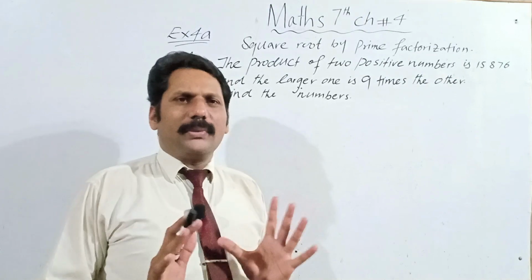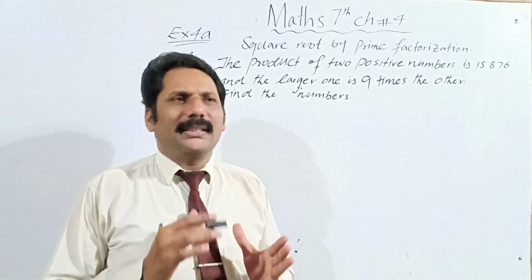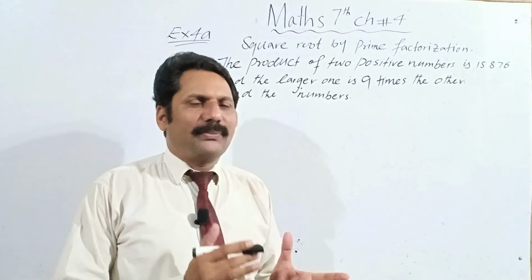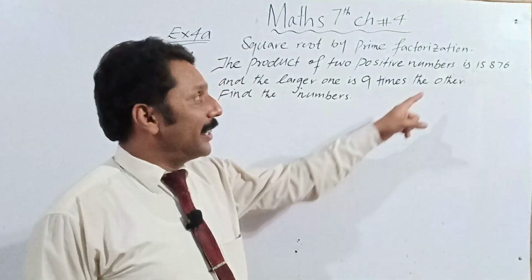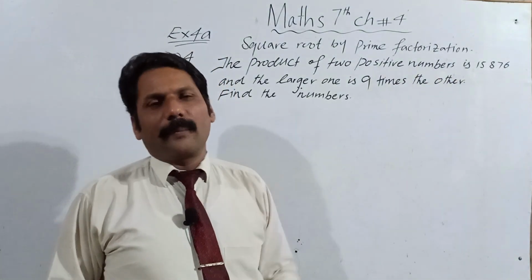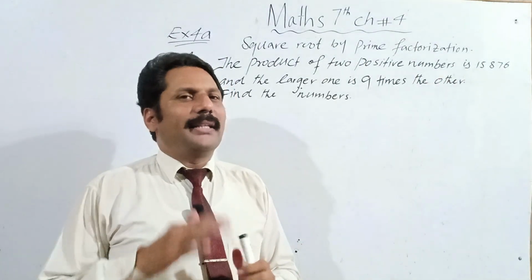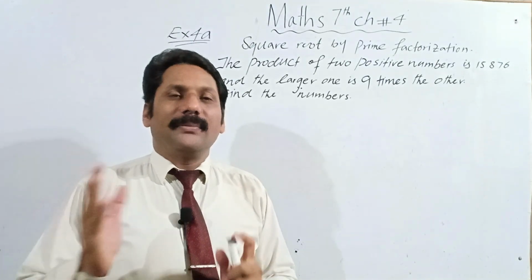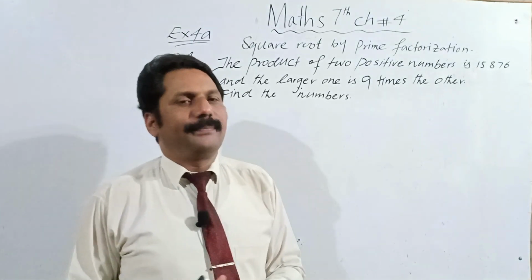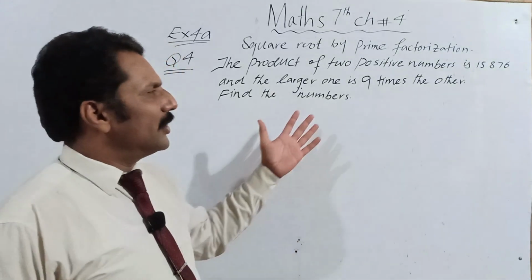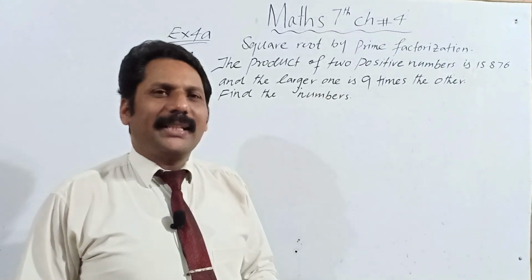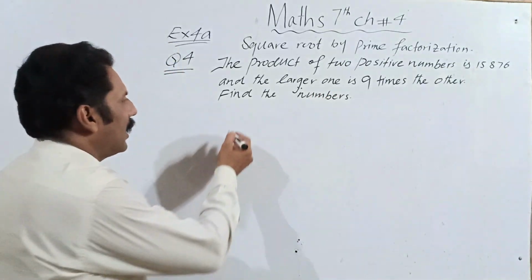We don't know the two numbers. What is the larger one and what is the smaller one? But their product is given, 15876. And we know that the larger one is 9 times bigger than the smaller one. So we can solve this question using algebra.